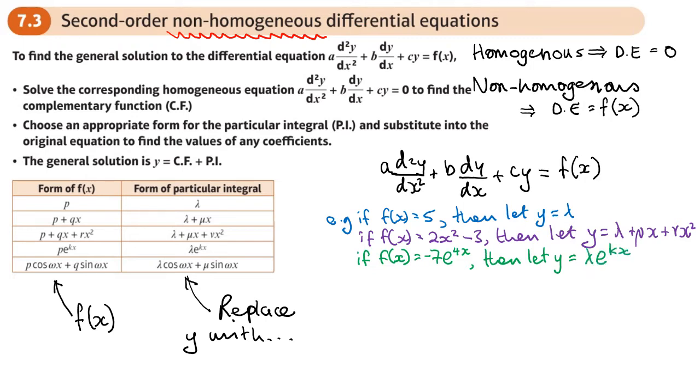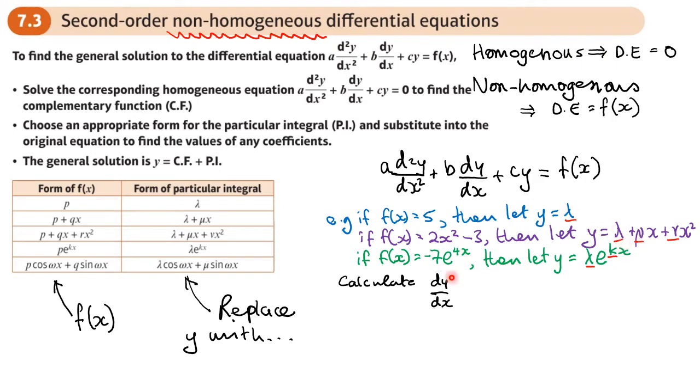Now you can see I've got unknowns here, so these are all unknowns, I'm underlining them, and the way that we're going to find out those unknowns is to calculate dy dx from these things here. These are called the particular integrals.